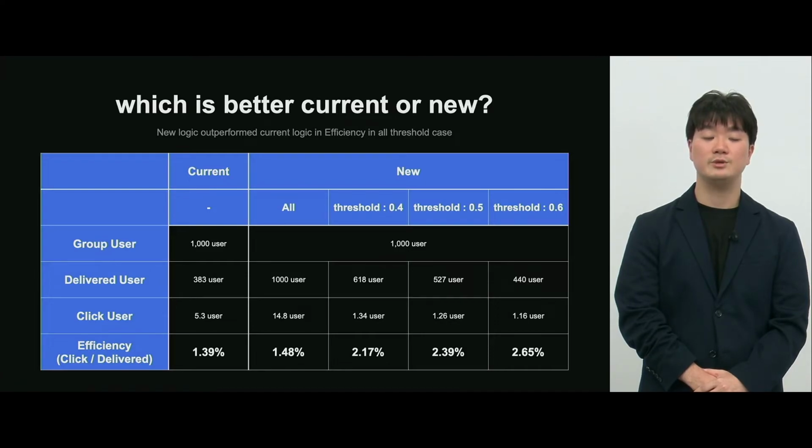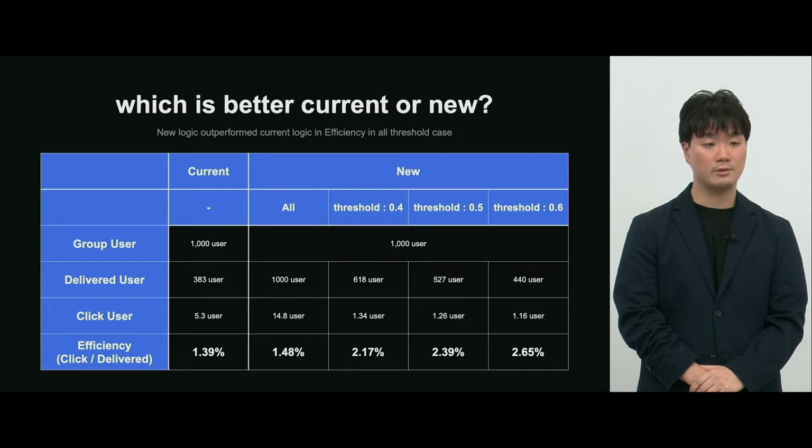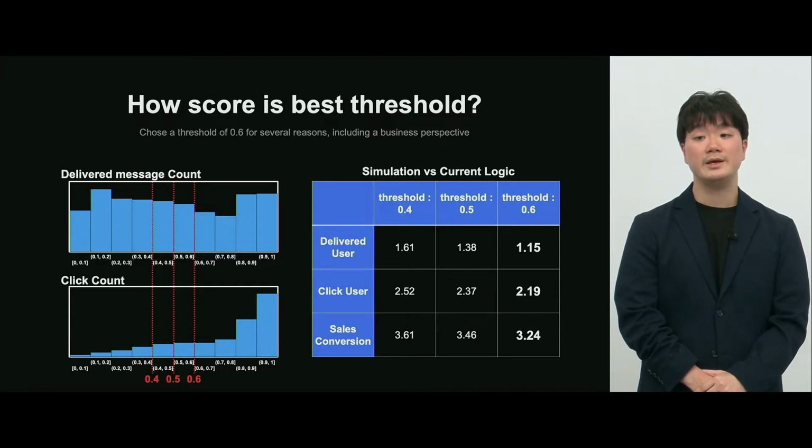And in the middle, please take a look at the click user rows and the numbers that we obtained. Those numbers of users are double or over double. That's what we see here. And from here, we can say that even though the distribution number is increased, the new logic with the OS score is better than the current logic, and that has been seen as a result.